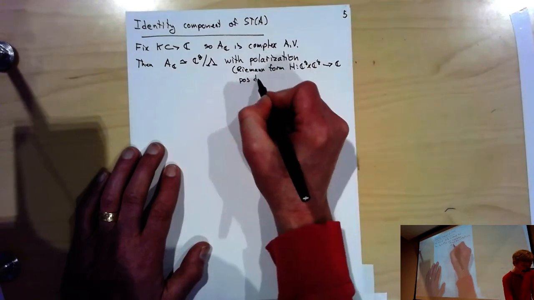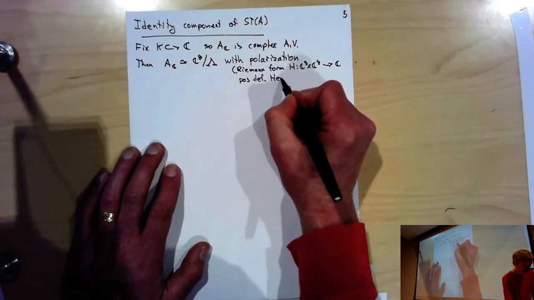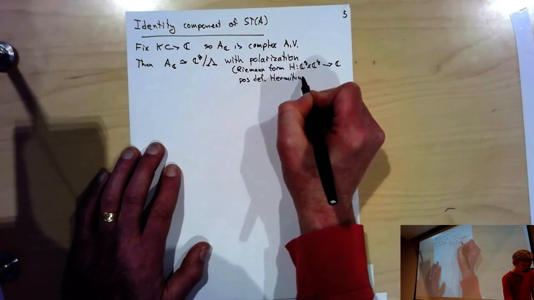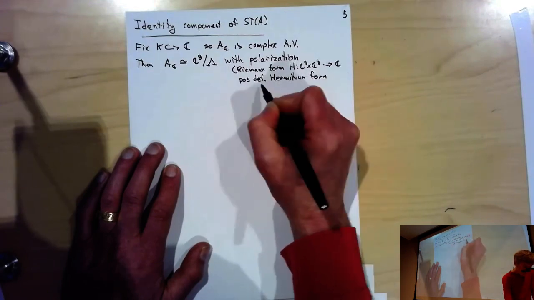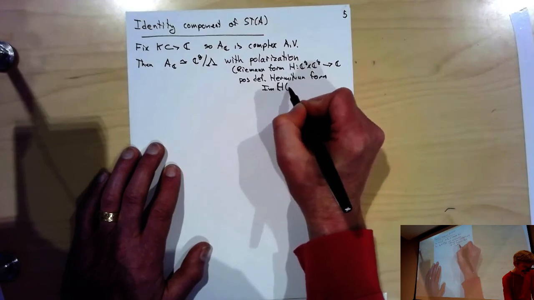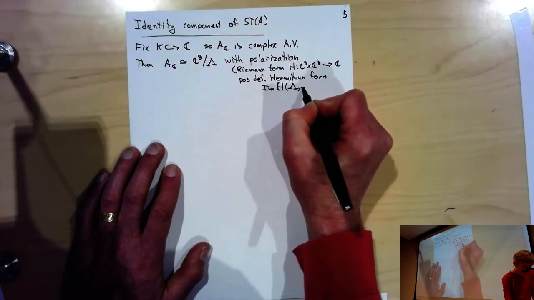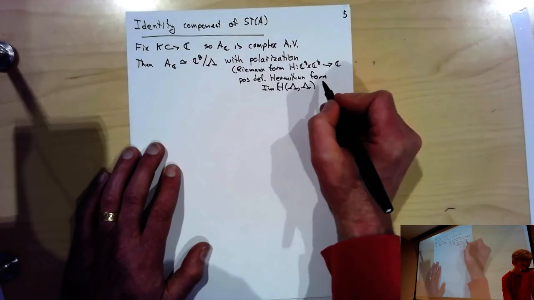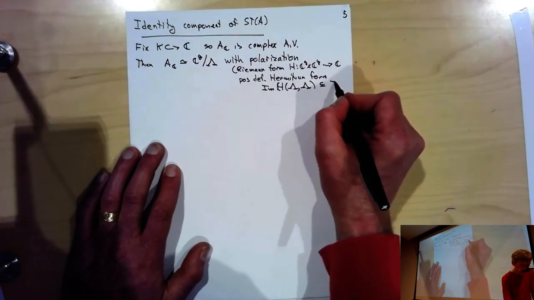This is a positive definite Hermitian form, and it has the property that if I take the imaginary part of its image when I pair up elements of the lattice, I wind up with an integer.